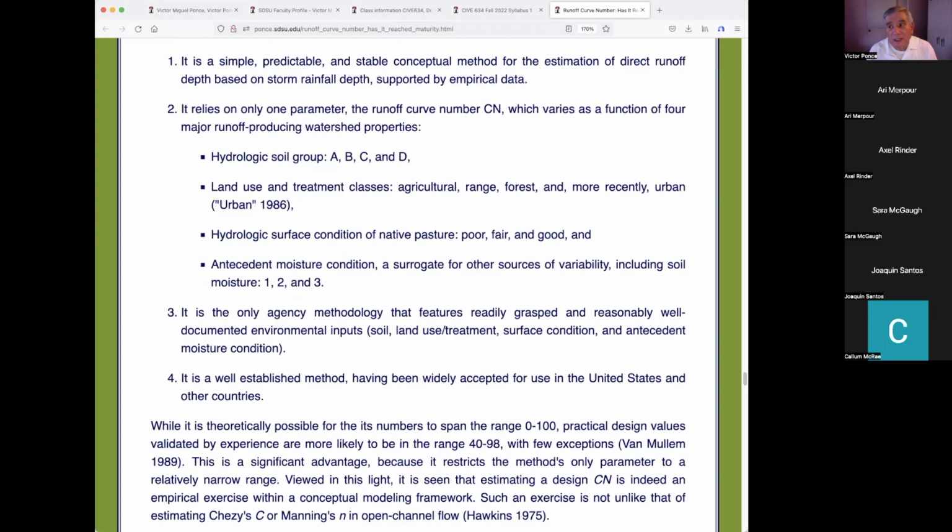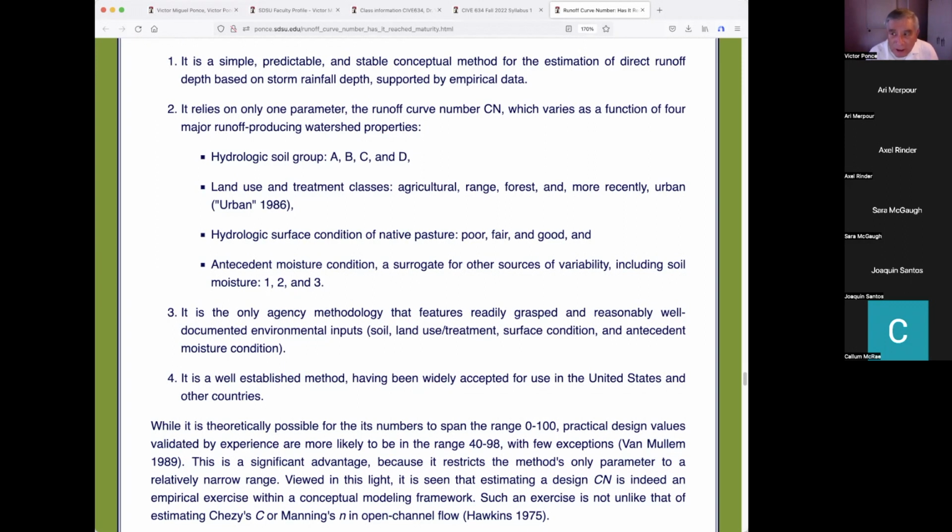So they had to extend it. They had to apply it perhaps blindly. And now we know that the method works well for agriculture. It works much less well, or not as good, for range, and it does very poorly for forest.